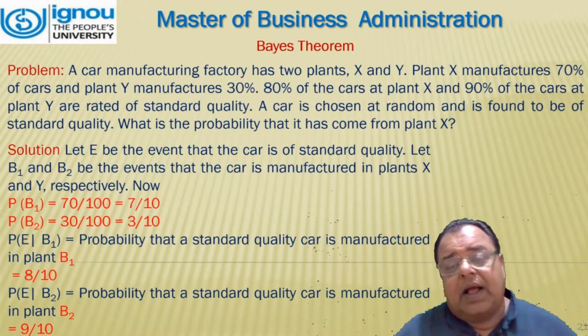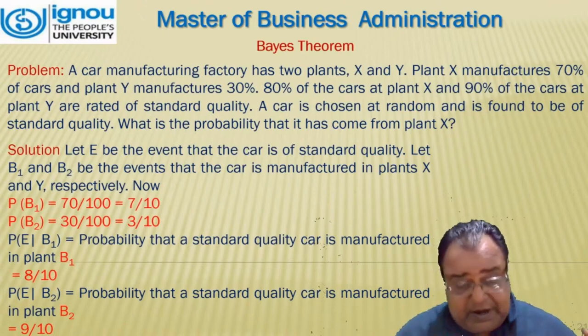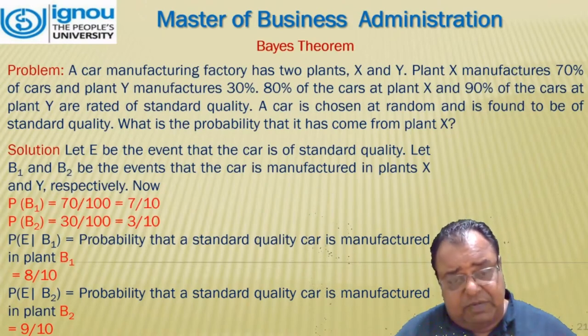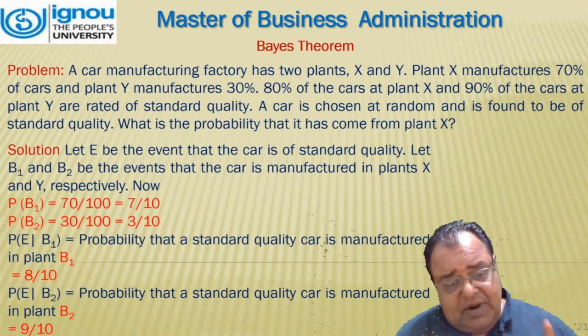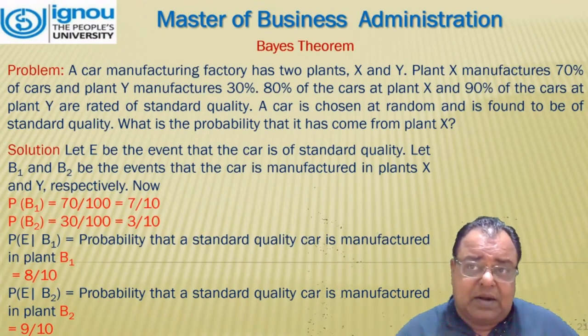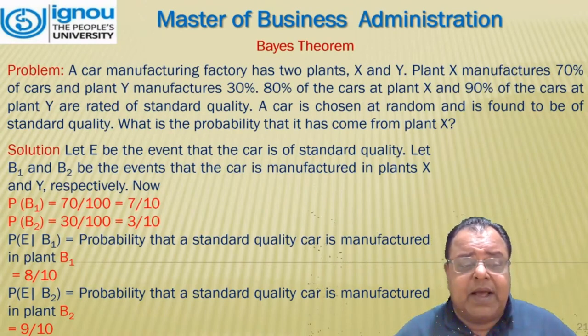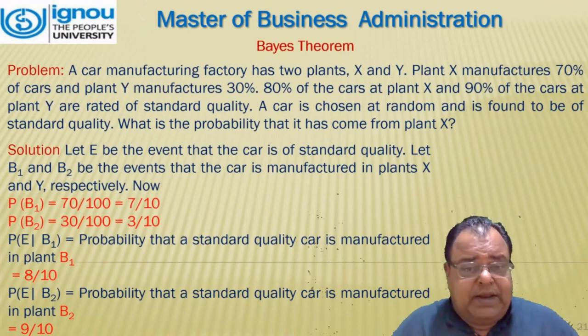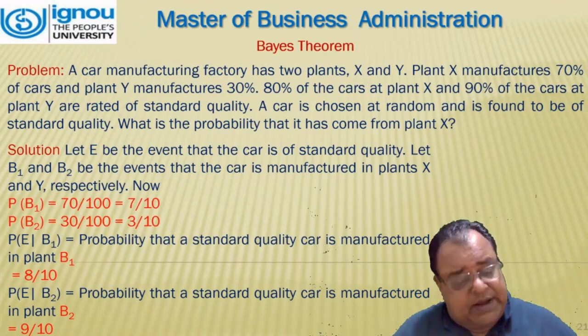Now, a car is selected from a respective plant, and it is said to be of standard quality. For selecting a standard quality car from plant 1, mathematically it will be denoted as P(E|B1), which is 80%. 80% means 80 upon 100, which comes out to be 8 by 10.